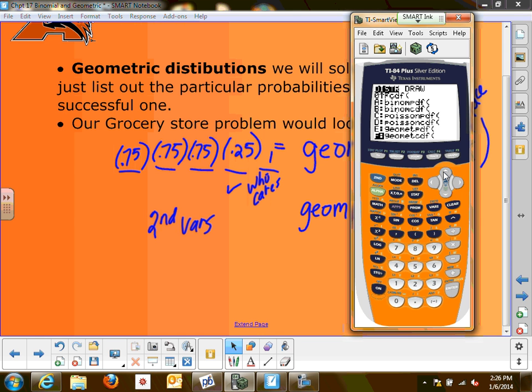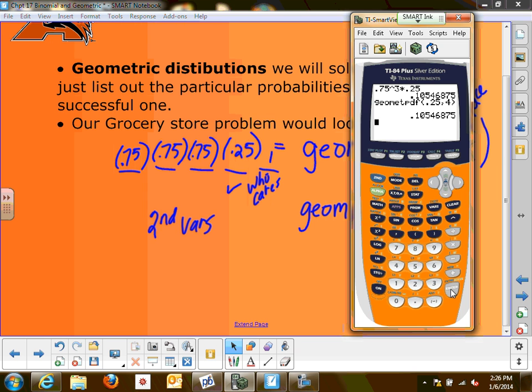C stands for cumulative, and I'm teaching you that tomorrow. We are just talking about PDF. That's exactly in that fourth spot. So we want to go geometric PDF. And I want the 25% chance of being in the express lane to occur at the fourth spot. And I hit enter, and there it is. Okay, either one of those ways, good to go.